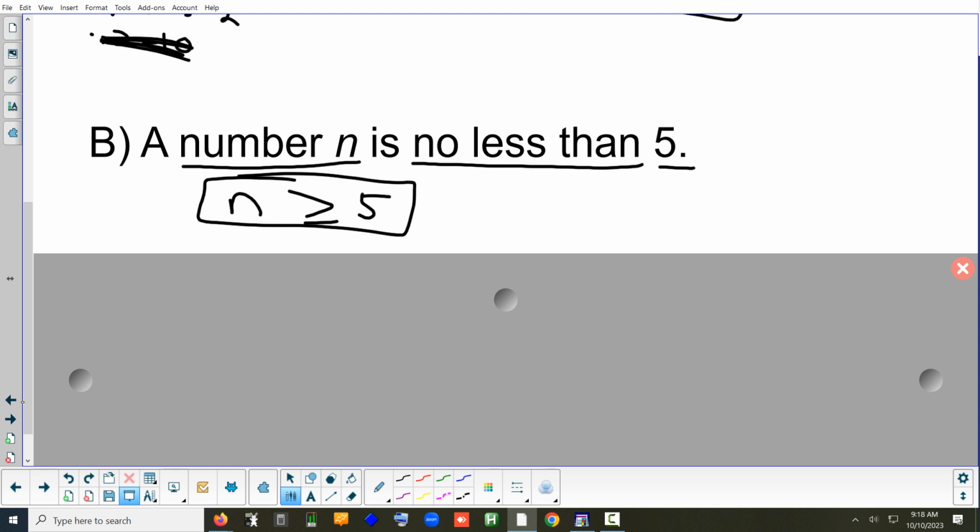Now, if they asked us to solve that one for n, what would you do? Well, if you divided each side by 5, then you would have n divided by 5 is greater than or equal to 1.